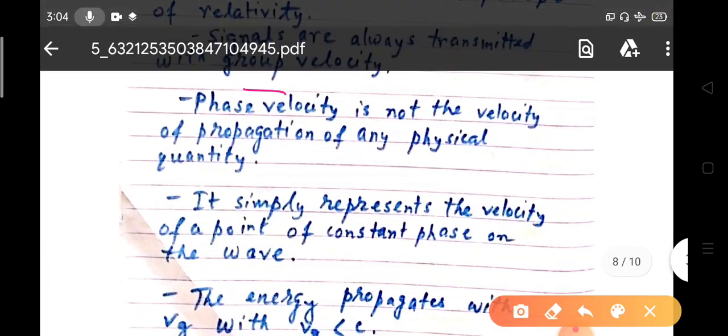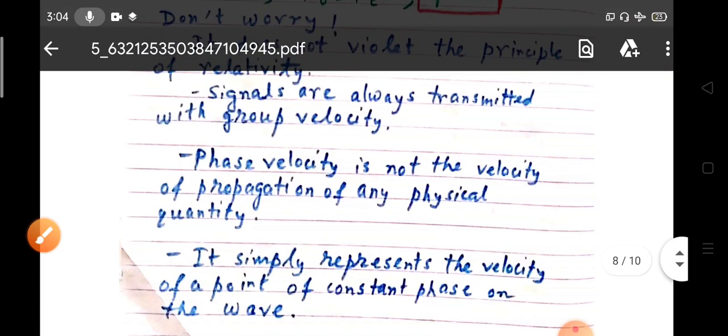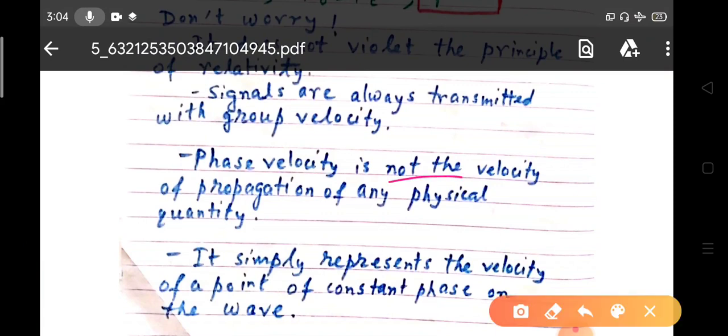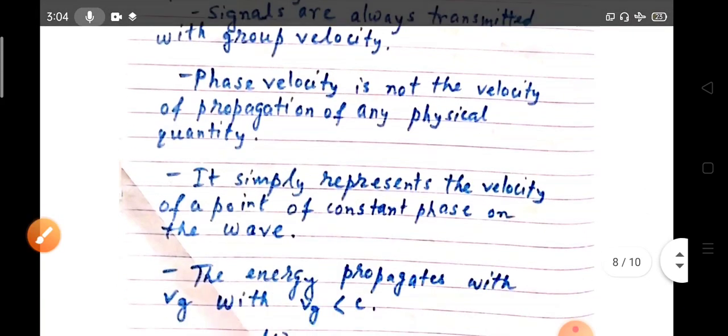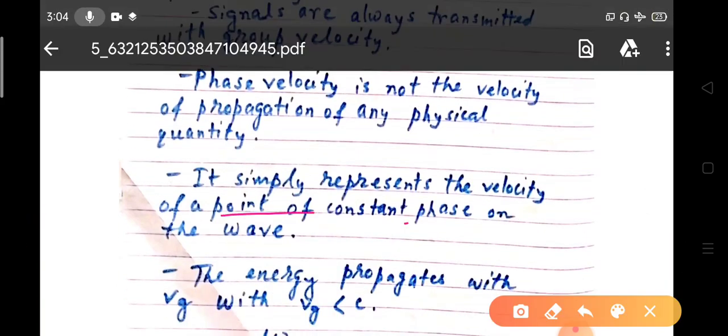In the earlier video I have already discussed what we mean by group velocity and phase velocity. Phase velocity is not the velocity of propagation of any physical quantity. It simply represents the velocity of a point of constant phase on the wave, and the energy also always propagates with group velocity.